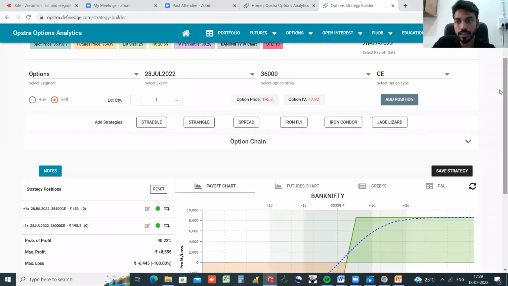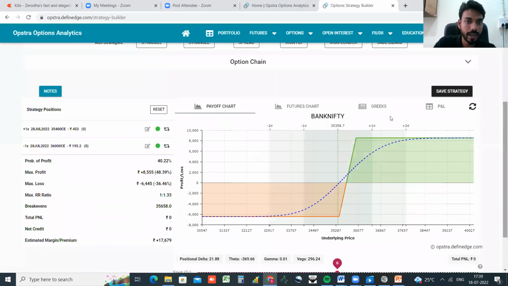If you do this, your risk is going to get reduced so much. Now, how much is the maximum risk that is involved?